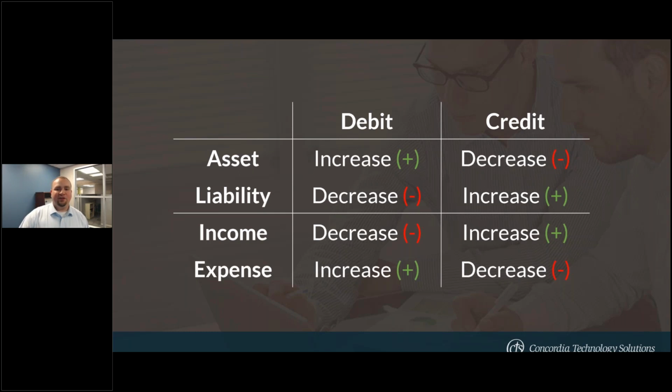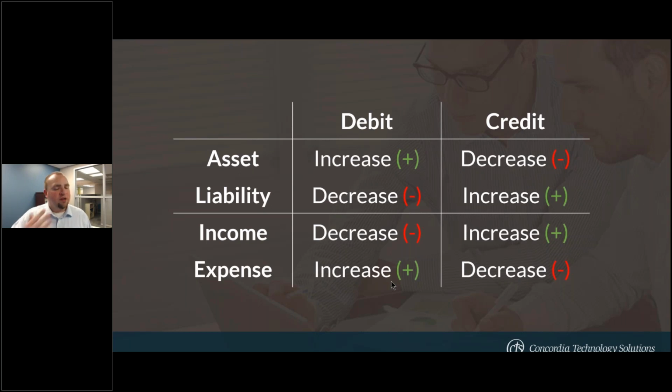If I have an income, a gift given from the offering plate, I need to look back at this chart and say, okay, well, I need to credit my income and debit my asset because I need to increase both of those. If I am paying for something out of our checking account, I need to credit our asset and debit our expense. I have, in fact, on my bulletin board over here, this exact chart because it's a very clear picture for me of what I need to do.